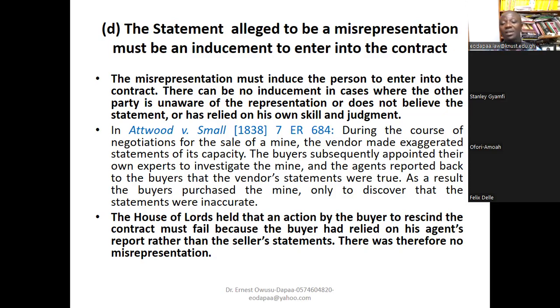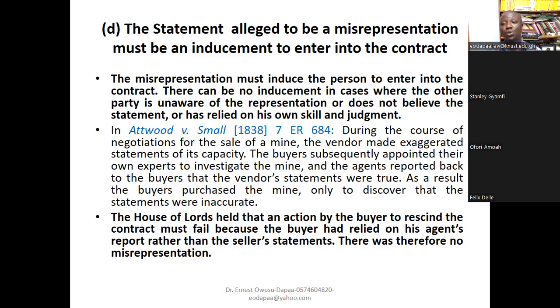And consequently, the buyers proceeded to purchase the mine. Unfortunately, they discovered later that the statements were inaccurate or untrue. So they sought to have the contract set aside. And the matter made its way all the way to the House of Lords. And the court held that an action by the buyer to rescind the contract must fail because the buyer had relied on his agent's report rather than the seller's statement.